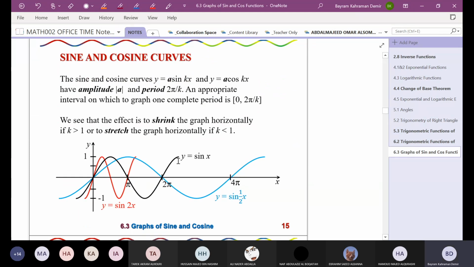Now here, what happens, Shabab, if you have sine of kx? You see? Now we are changing x with kx, sine or cosine. So what happens?